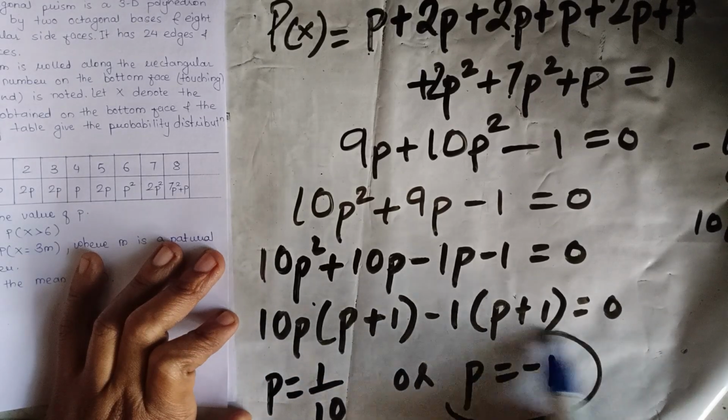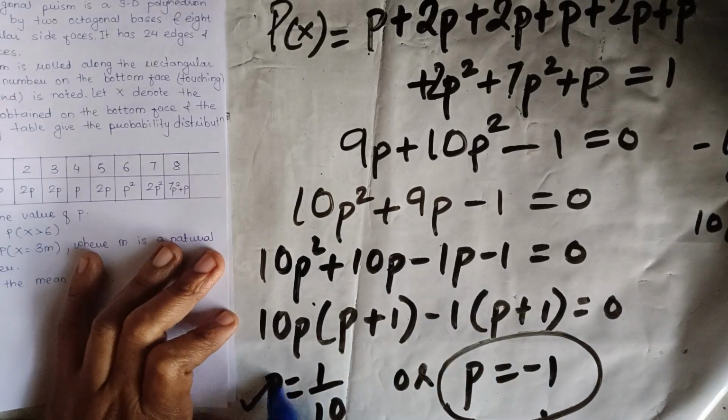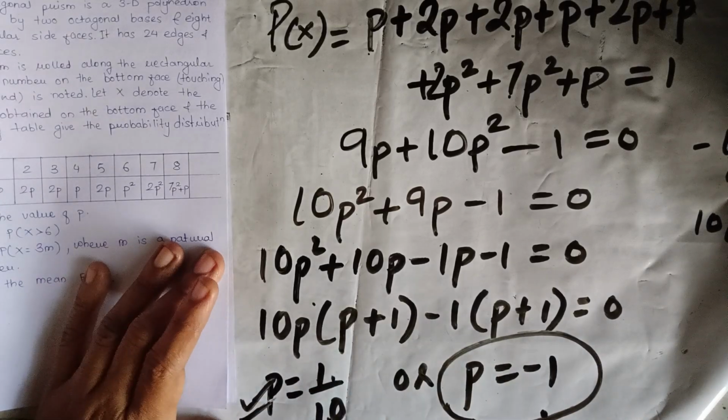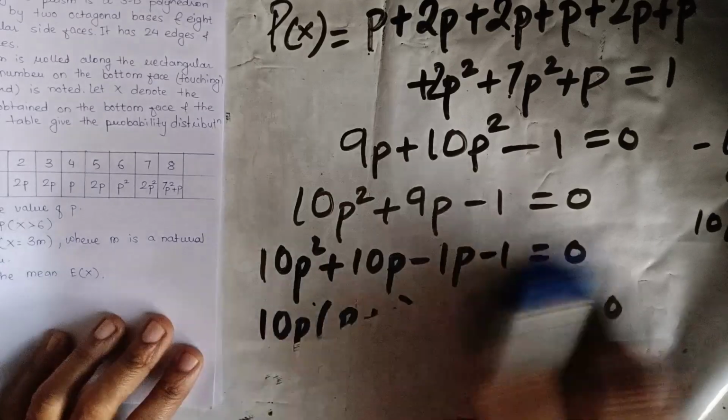P can't be a negative number, so we have to go for 1 upon 10. So P is 1 upon 10.